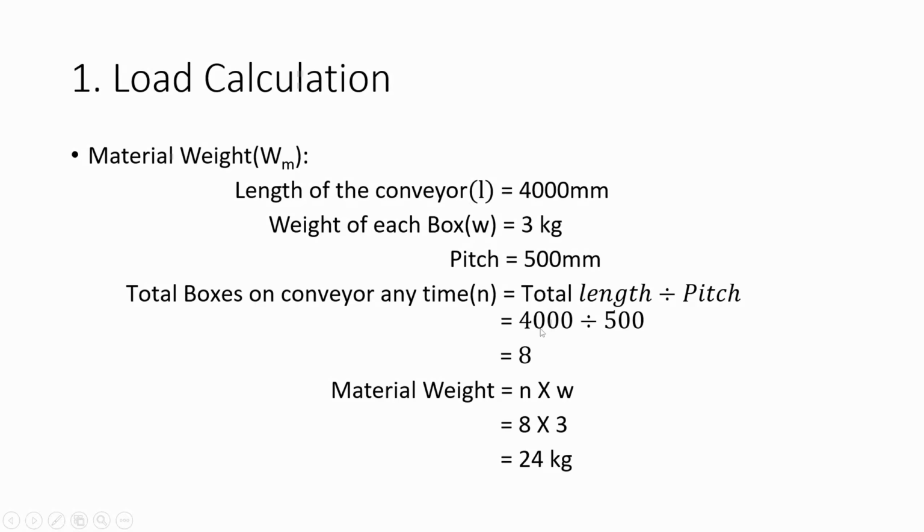Total length is 4000 and pitch is 500. Then the total number of boxes on the conveyor at any time comes out to be 8, and from here we can calculate the material weight, which is N times W. N is 8 and W is 3. Then material weight will be 24 kg.